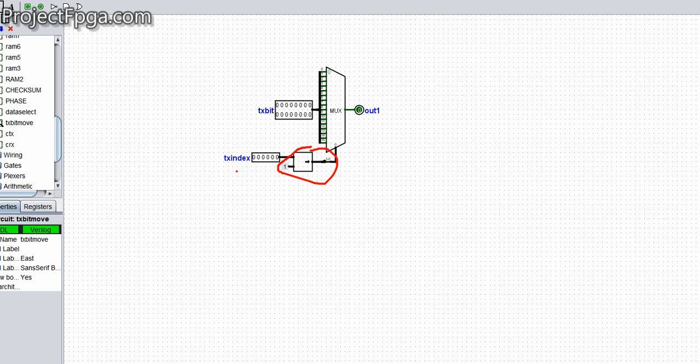Remember our TS index counts up to 32. So whatever is counting is being divided by 2. Assuming the value of this TS index is 32, the output here is 16. If the value of TS index is 4, the output here is 2. If the value of index here is 11, for odd numbers it's still 5, because here it's counting in bits.